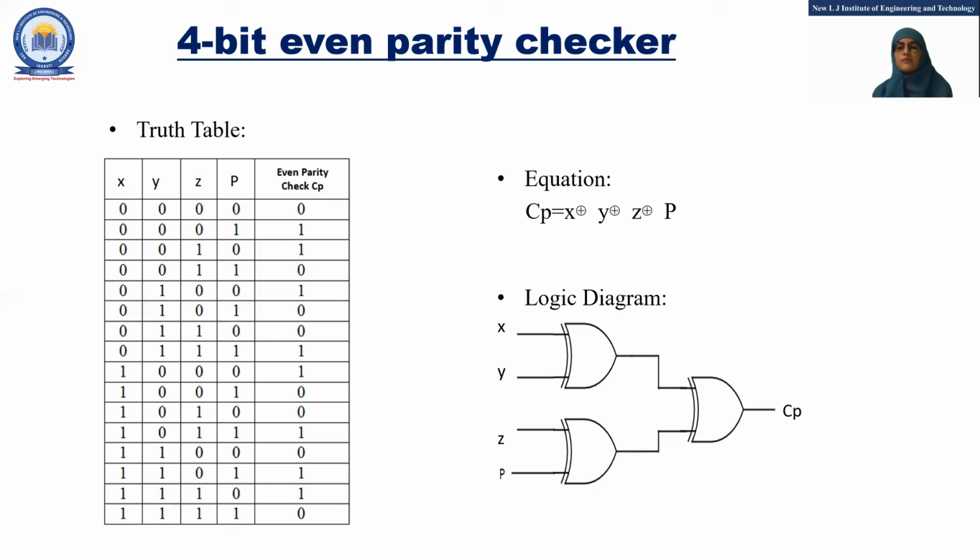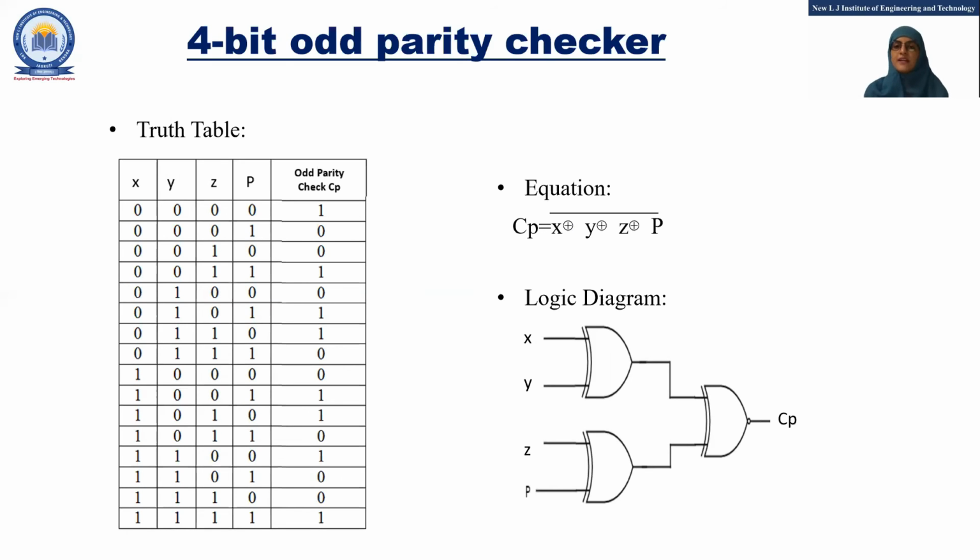These two outputs will be the input to the third XOR gate, and this will give the even parity check CP.